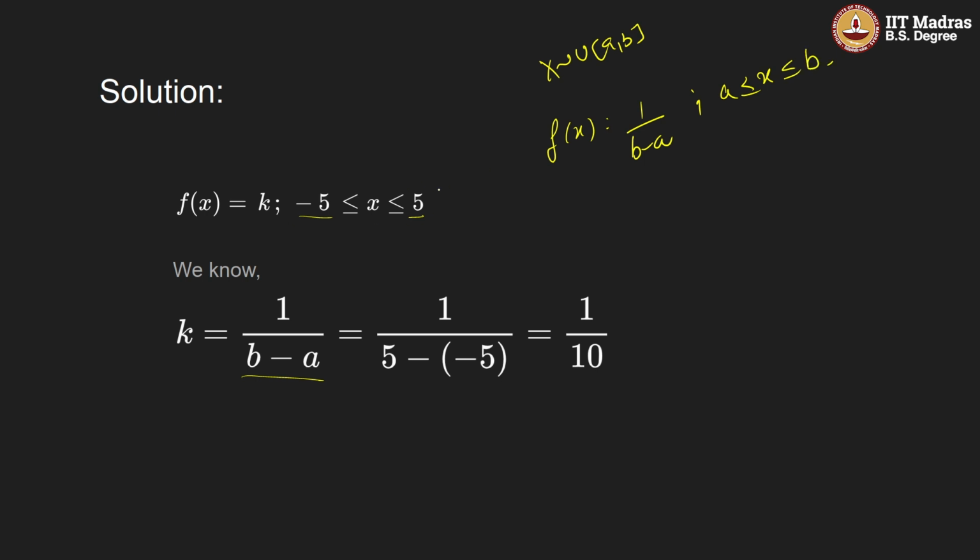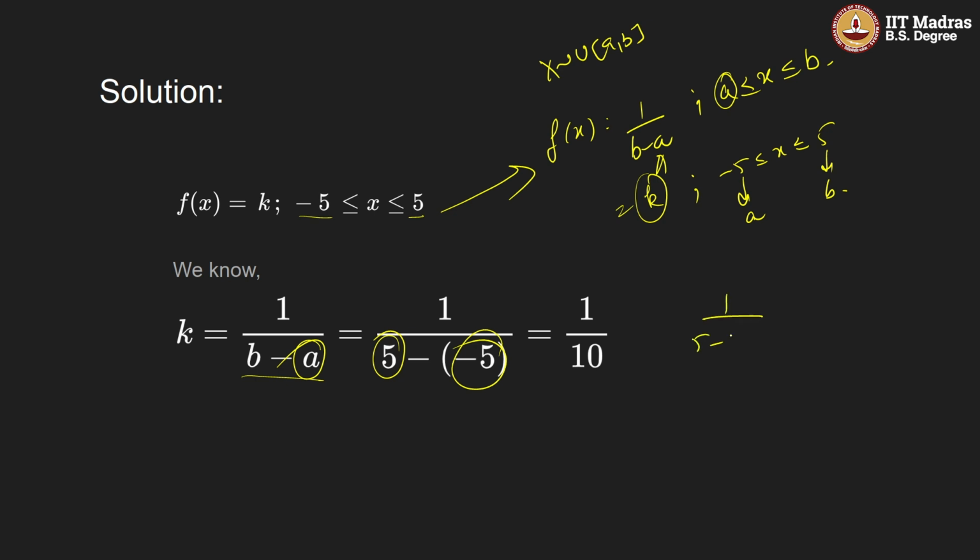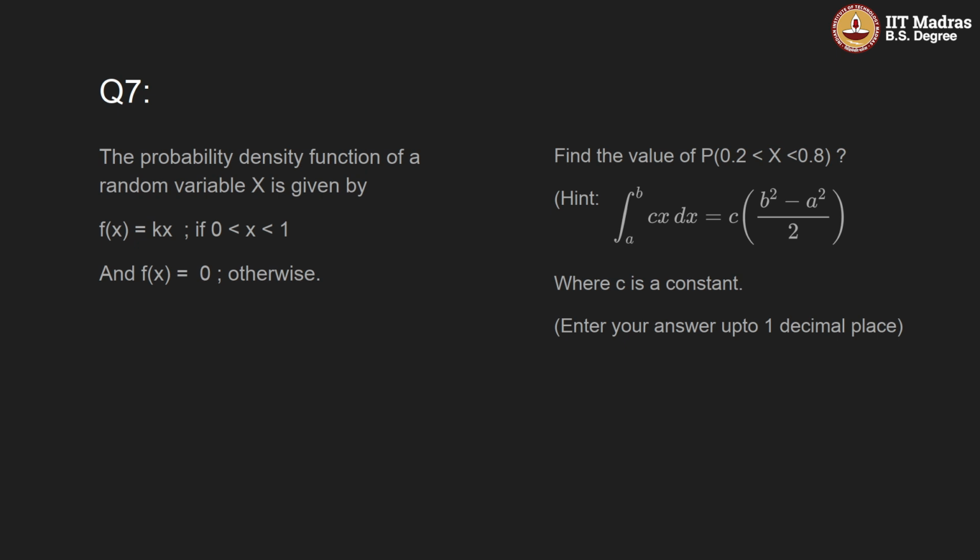If we compare this, instead of 1 by b minus a it is k, instead of a it is minus 5 and instead of b it is plus 5. So k equals 1 upon b minus a. In place of b we put 5 and in place of a we put minus 5, so 1 upon 5 minus of minus 5, that is 1 by 10. Okay, now question 7th.